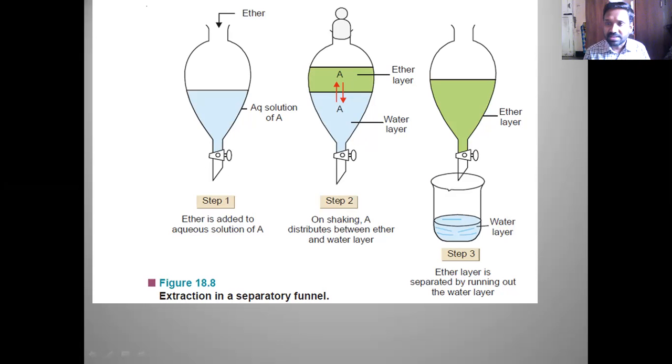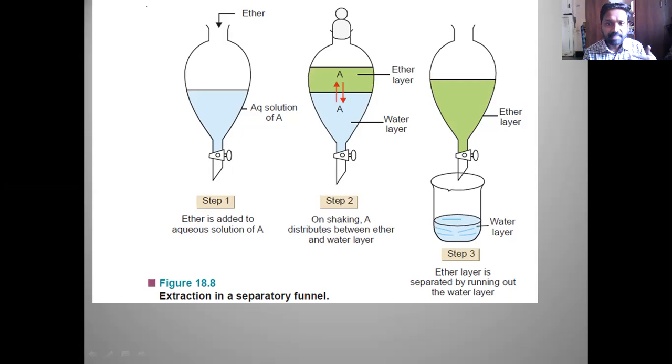For this, as I told you in my previous class, immiscible liquids are studied using a special apparatus called a separating funnel. Now, let the separating funnel contain water or some water solution. It can be a solution of HCl, it can be a solution of NaOH, basically an aqueous solution.